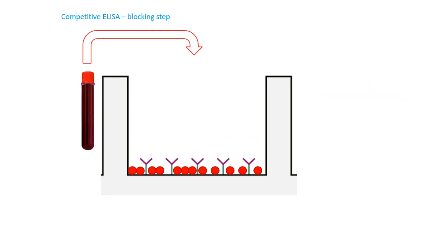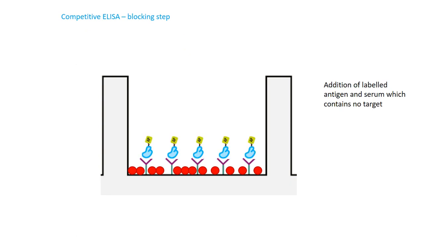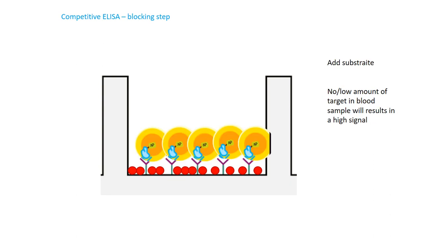Now, when there's no target present in the blood, you add the blood sample, but you also add the labeled version of the target provided by the company. And when there's no target present in your blood, the labeled target provided by the company takes up all the binding sites and you get a very high signal.